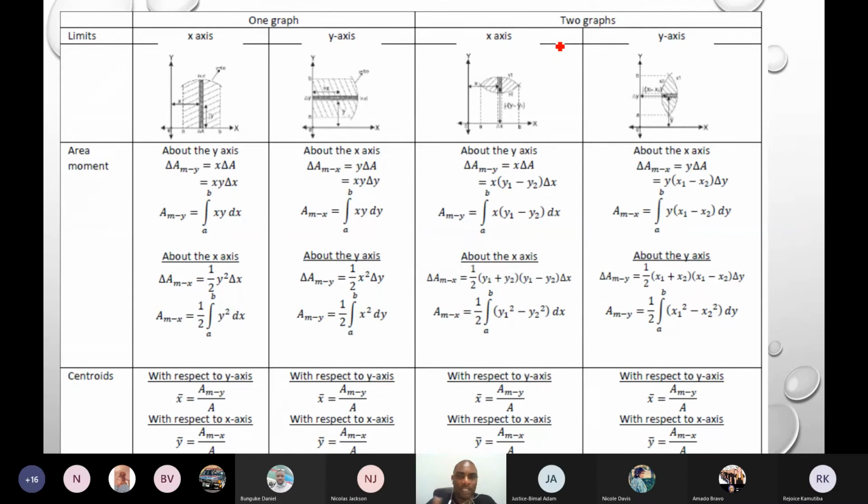But I've tried to break it down: for one graph, limits are in the X, limits are in the Y; for two graphs, with limits in the X. I've done this for my students so that you get to understand it. But you won't get a formula like this in the exam because the department doesn't give it like this. I think they should have. If you look at some subjects like power machines, it is even 11 or 12 pages of formula sheets. But for maths, they didn't do it. But anyway, it doesn't matter.